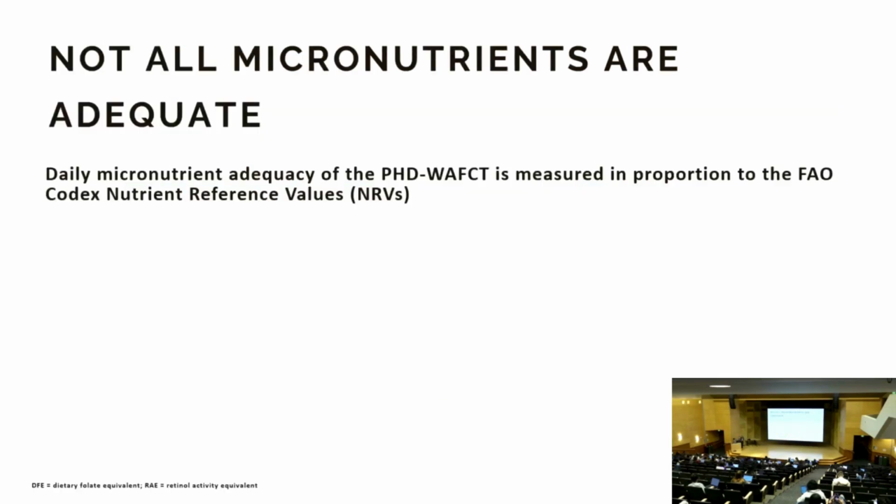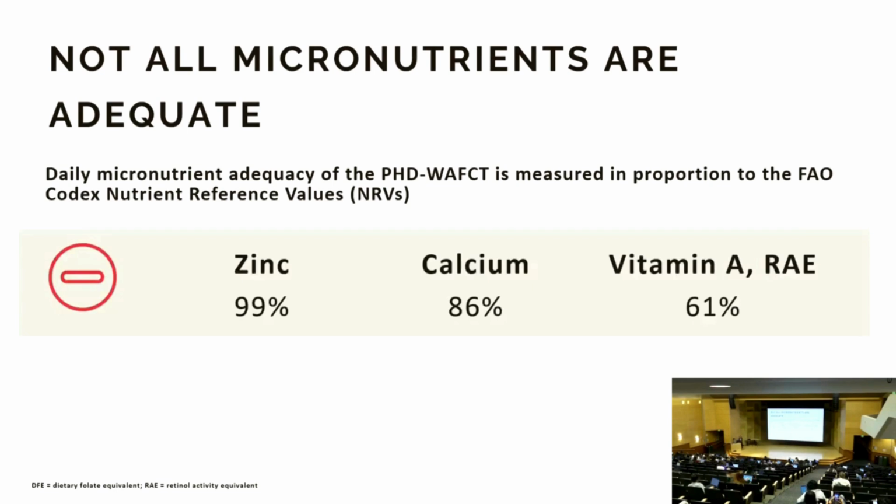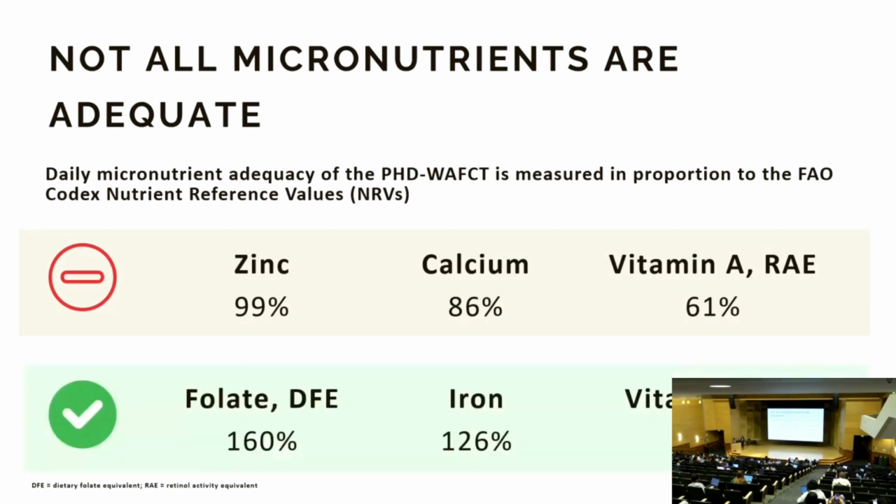When looking at micronutrients, the key takeaway is that not all of them were adequate based on the West Africa Food Database. So this corroborates with Ty Beale's findings as well. Compared to the FAO Codex nutrient reference values, we see that zinc, calcium, and vitamin A were all inadequate by varying degrees, though folate, iron, and vitamin B12 were all adequate.